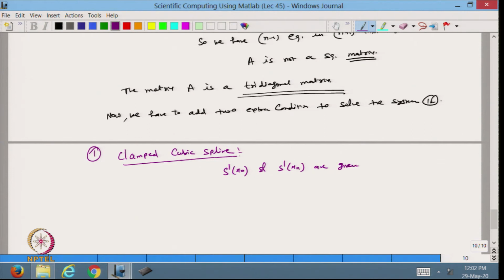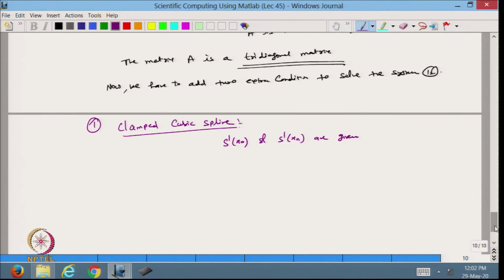So, these values are given to us. That is called the clamped cubic spline, because the derivative is given: the value of the derivative at the extreme left and the extreme right is given to me.